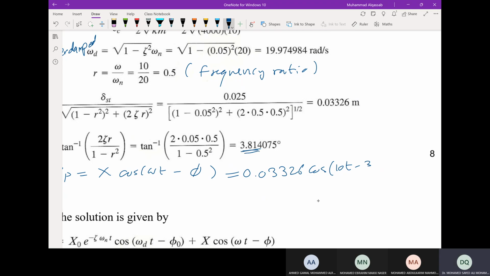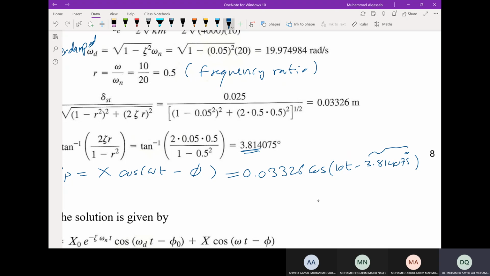Okay, we'll keep it 3.814075 degrees, but when you calculate the response, you make this all in radians.